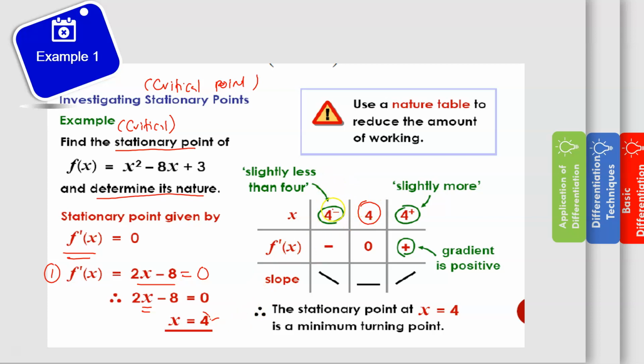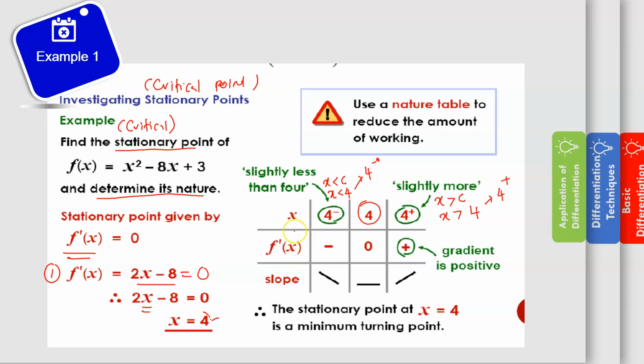And then this part refers to any value x less than c. In our case, any value x less than 4, or we can write 4 at the negative side. And for this one, it is a value x which is greater than c. In our case, c is 4, so it is a value x greater than 4, or we can write 4 at the positive side.